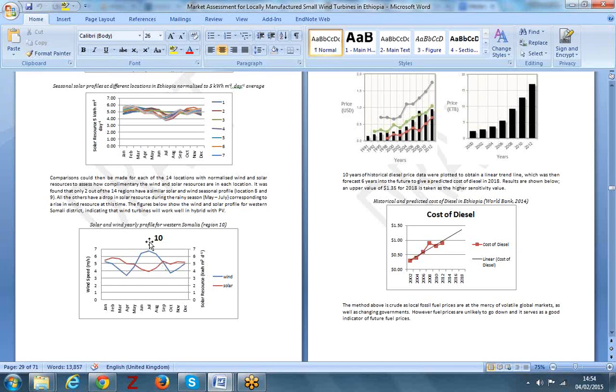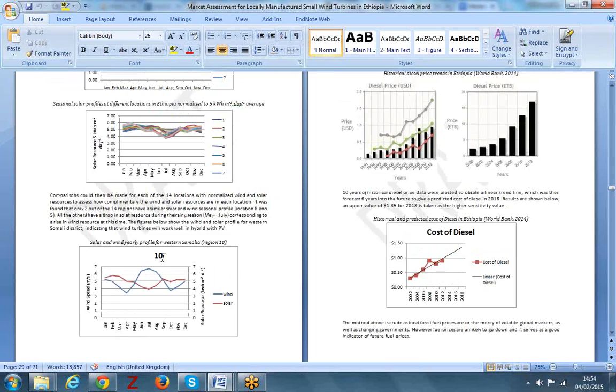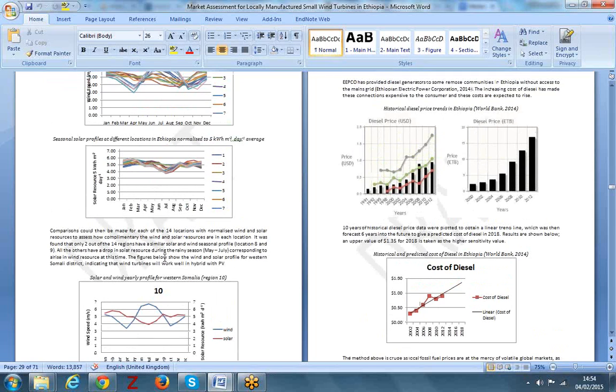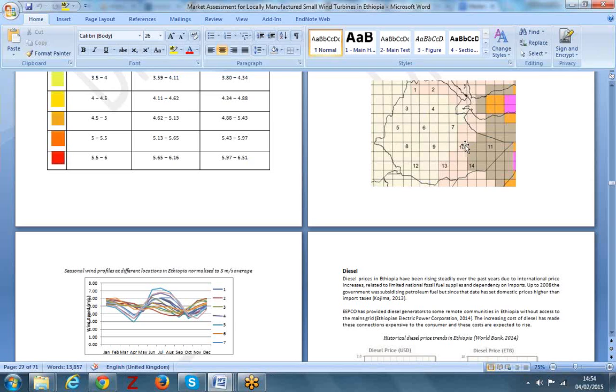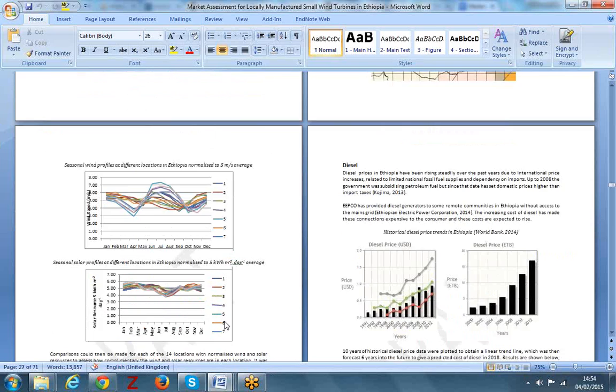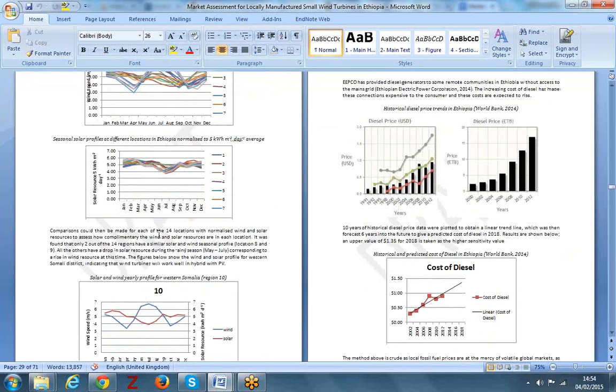It's high in the summer for the wind and low in the winter, and that's complementary. There's a few sites where it's not, but where the pilot project is, this is number 10, I think, which is close to where we did the pilot project, which means that wind and sun work well together.